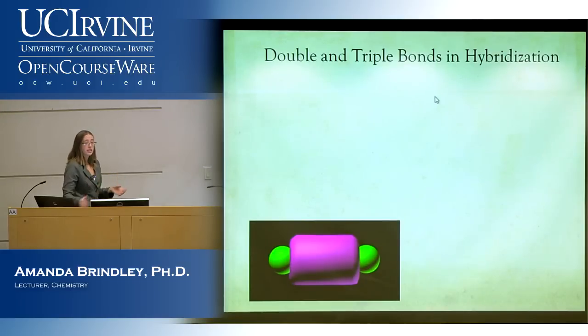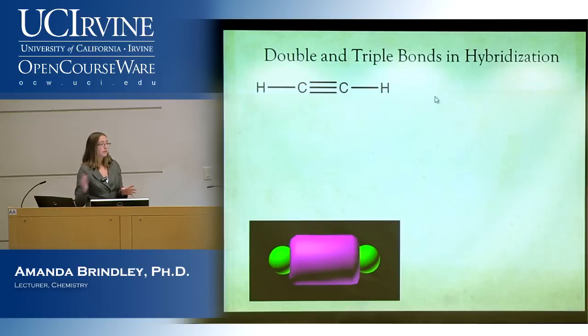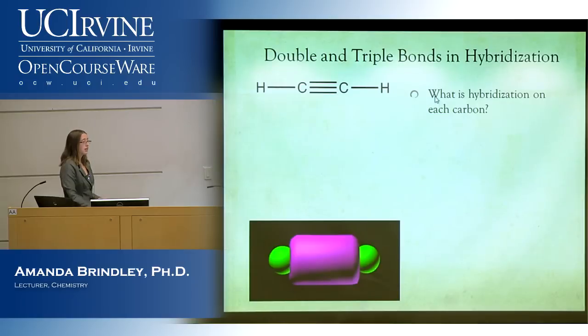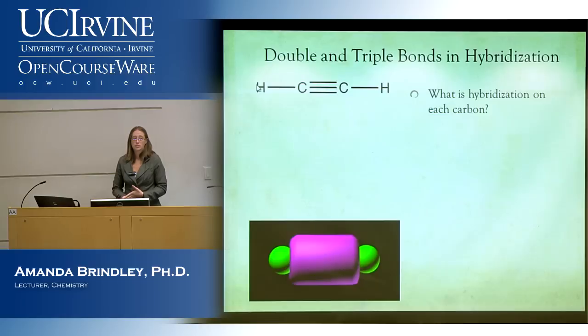All right, so our next example: we've done the single bonds and the double bonds. Now let's do the triple bonds. First, let's look at the hybridization. If we take this carbon and bind it first to this carbon and then the hydrogen, what's our steric number? How many things are bonded to it? 2.